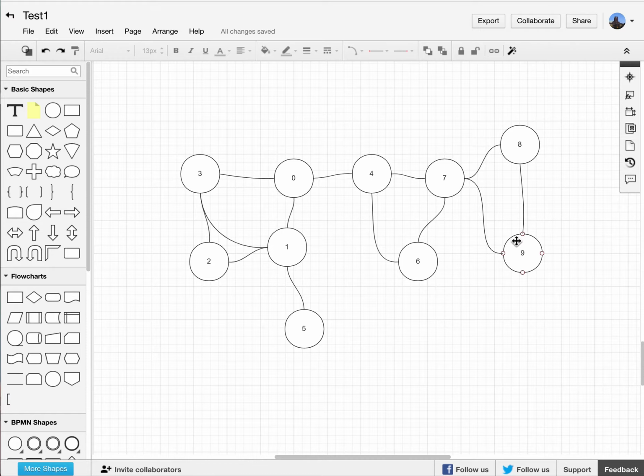But if the DFS order is 4, 7, 6, and then 8, 9, then 4 and 6 have the same IDs, but different from 7, 8, 9. So we cannot check the connections after the whole DFS. We should check right after every node finishes its DFS. That's a point that we should know.